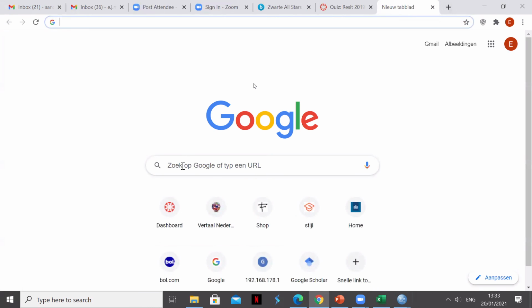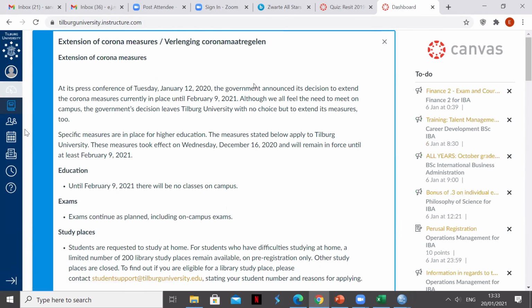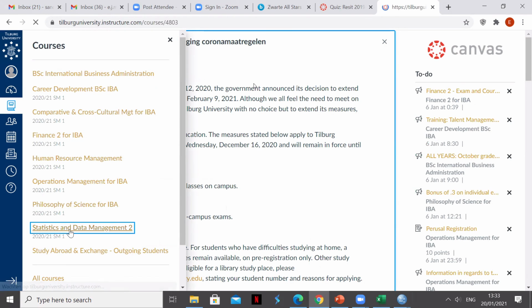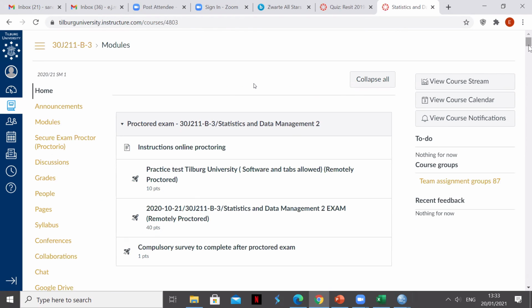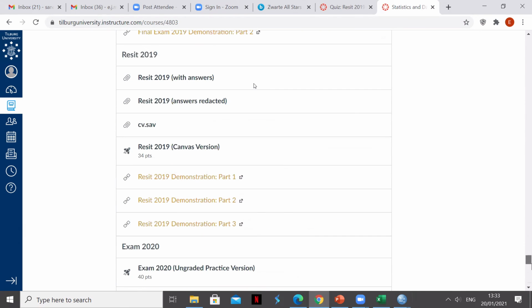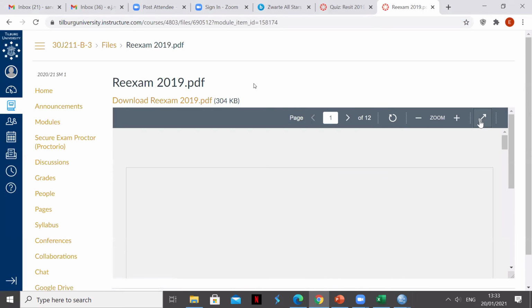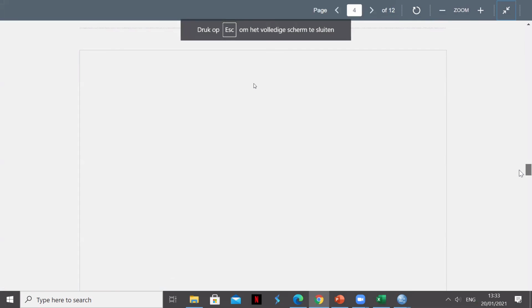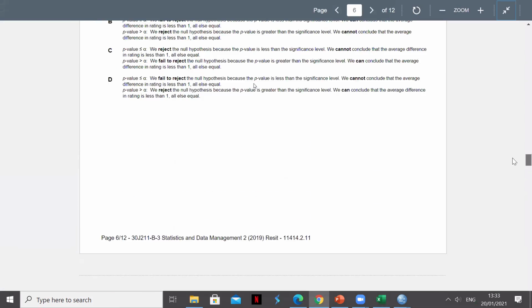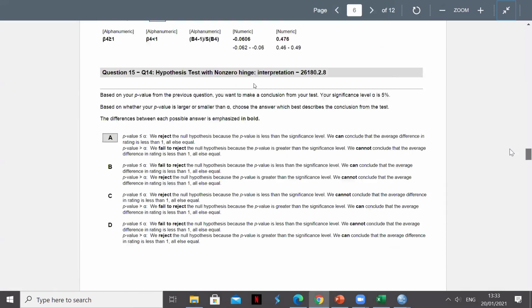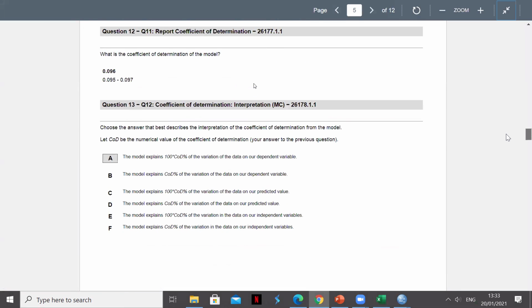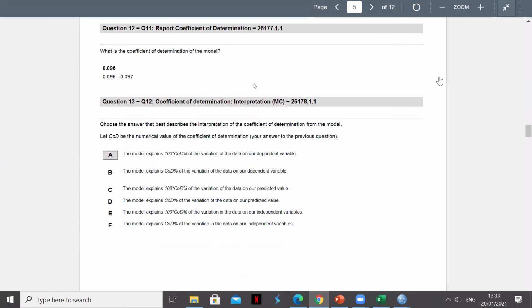If you look in the answers, let me quickly check, because at least I think it was this answer, but that was the only question I've never really understood very well. So that's my bad, and now it becomes your bad. So question 15. On our dependent variable. So 100, we had that correct, of course, and it explains it on our dependent variable.